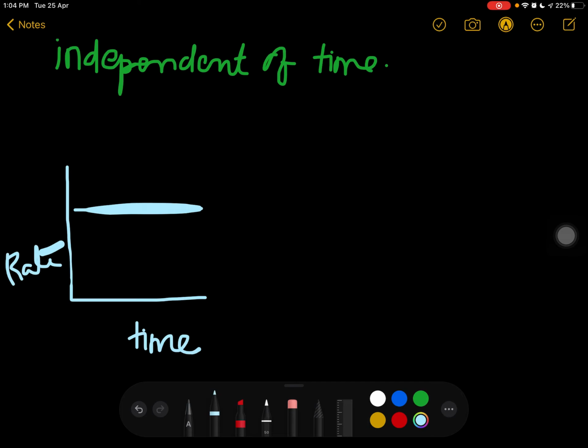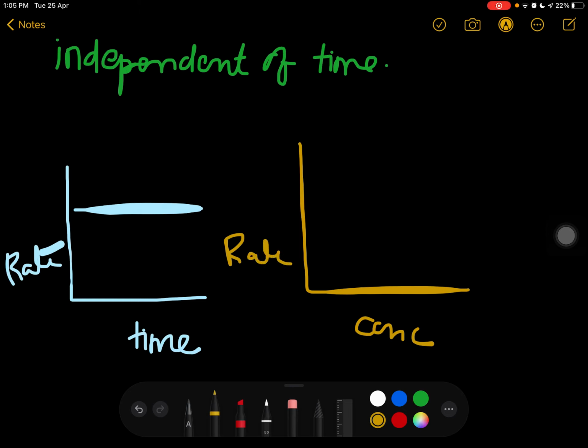If I draw another graph, of concentration and the rate, it will also be a constant graph, because the rate will not get affected by the change in concentration.